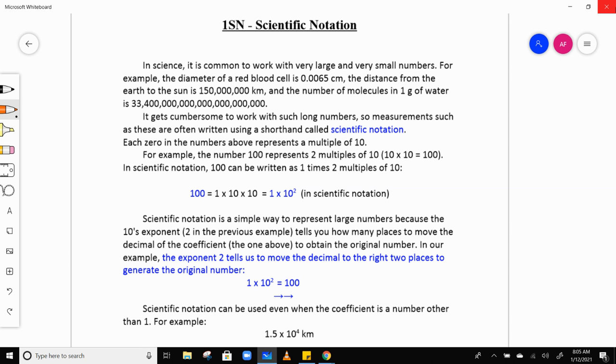And the distance from the Earth to the Sun is 150 million kilometers. It's really annoying to write all those zeros all the time, right? So instead of writing all those zeros, we use something called scientific notation. And basically, scientific notation is a number between 1 and 10, not including 10, times a multiple of 10. Okay, that's basically what scientific notation is.